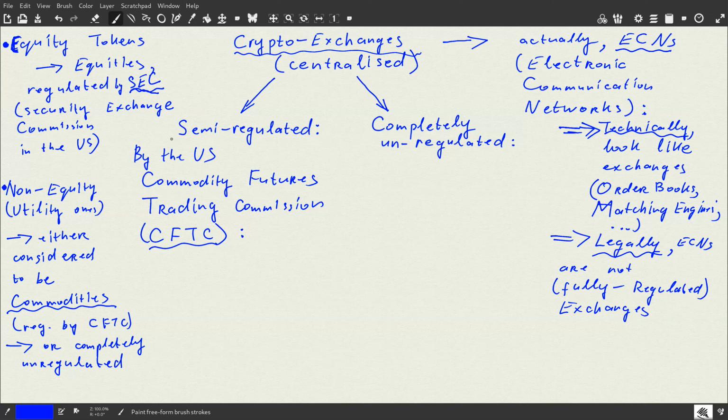So, what are those crypto exchanges semi-regulated by the United States CFTC or related or similar European bodies, the European Union?